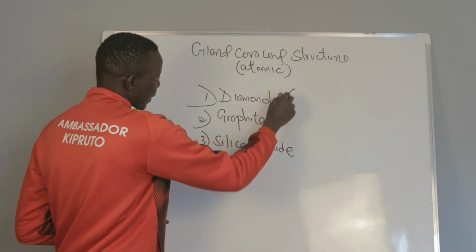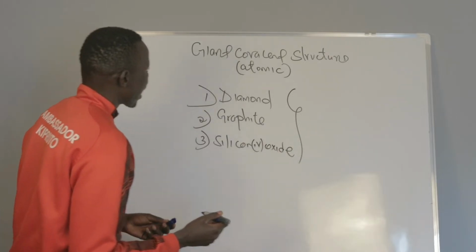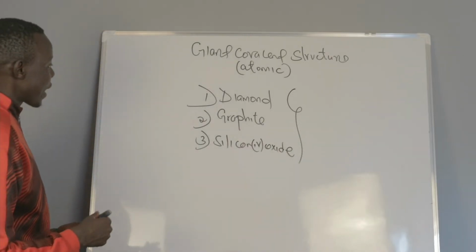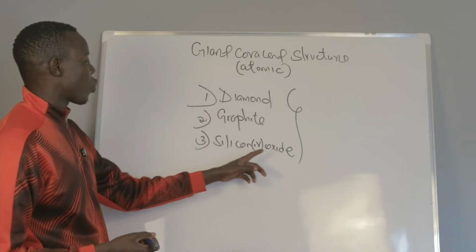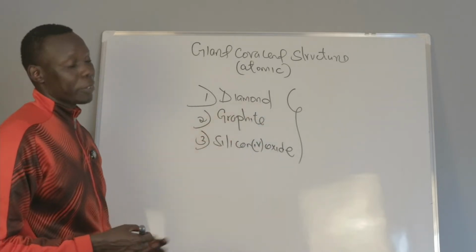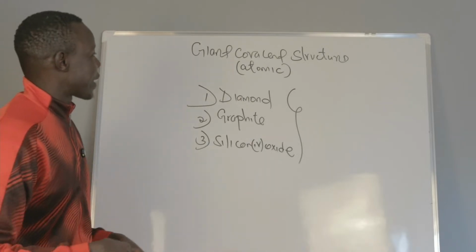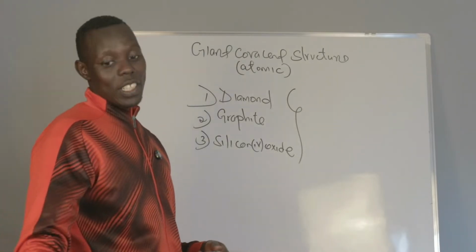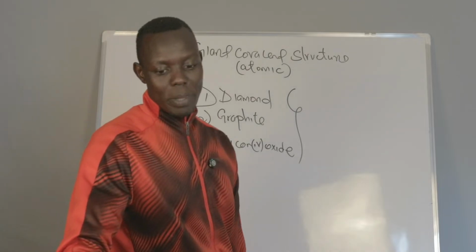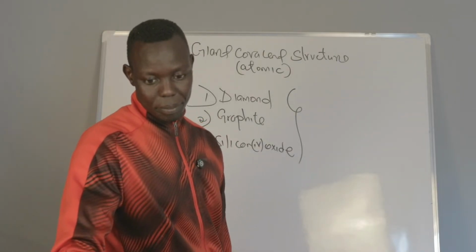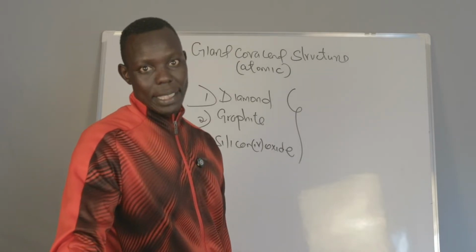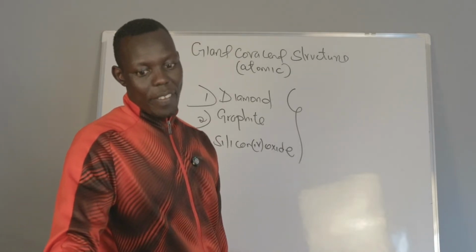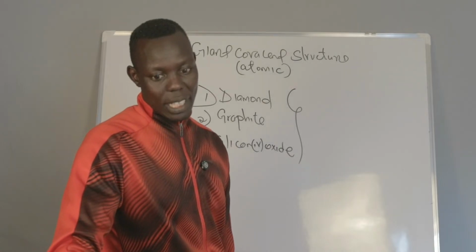So these are the substances having giant covalent structure. And in the exam, they can ask you, name the structure possessed by silicon 4 oxide, graphite, or diamond. So it depends on whether you remember giant covalent structure or giant atomic structure. Those are the ones that possess giant atomic structure.